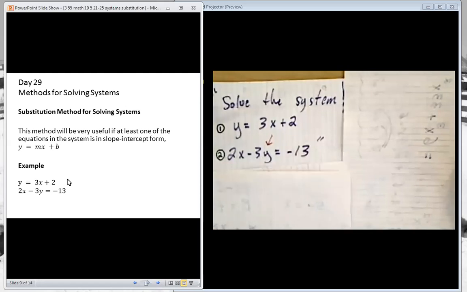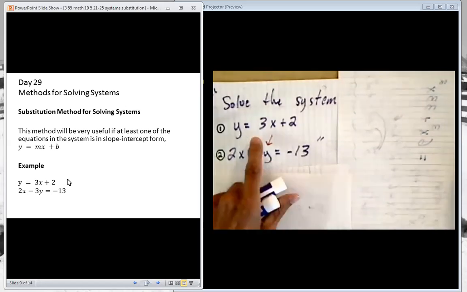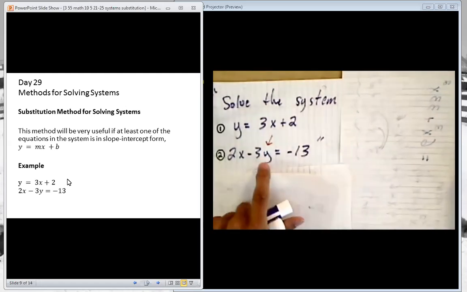So first we're going to put 2x minus 3y. We're going to try to find the x. That's the first thing. Now, what goes into where? You see, this method involves replacing.